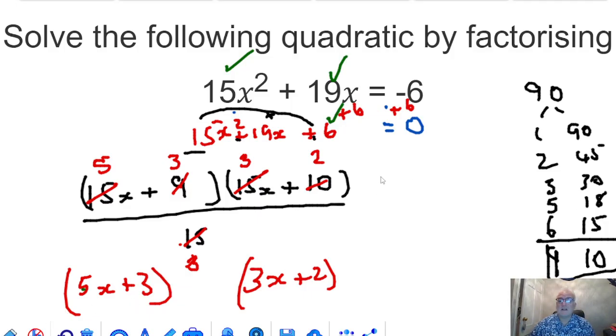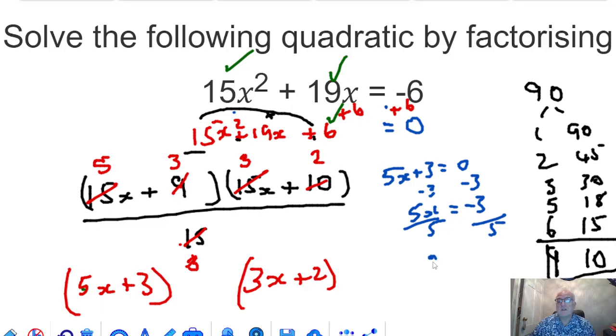Okay, so I just now need to solve. So 5x plus 3 equals 0. Subtract 3 from both sides. 5x equals negative 3. Divide by the coefficient. So x equals minus 3 over 5. Or 3x plus 2 equals 0.